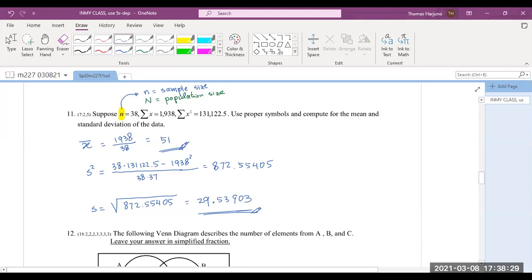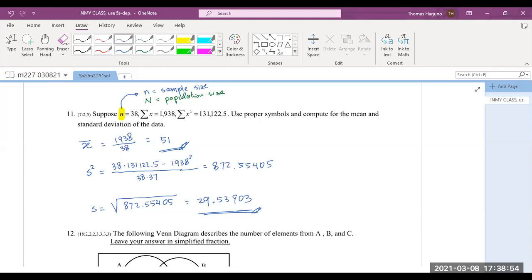Any questions so far? We just rounded the first one, correct? The first one, what do you mean by the first one? The 51. The 51 happened to be a precise number. Is it right? 1938 divided by 38.